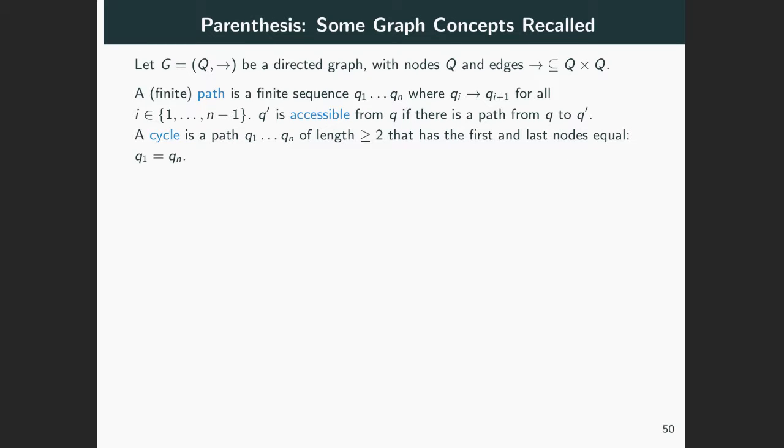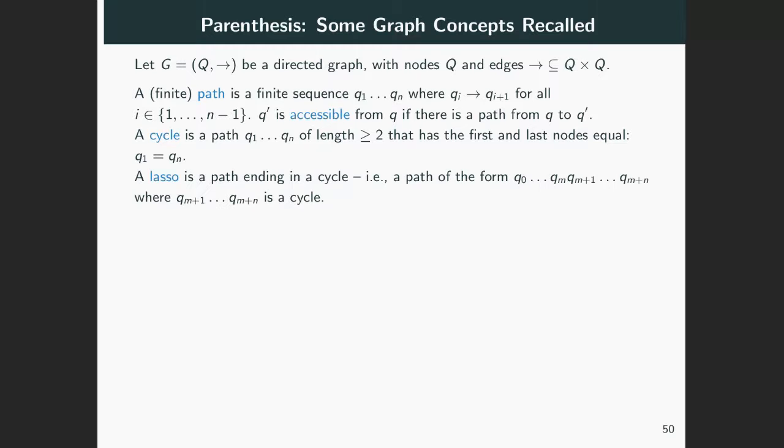A cycle is a path that contains at least two nodes and has its first and last nodes identical. It can include other repetitions besides the first and last node. Note that in a cycle, every node is accessible from every other node, and also from itself. A lasso is a path ending in a cycle. So if we can draw a cycle like this, a lasso would look like this.